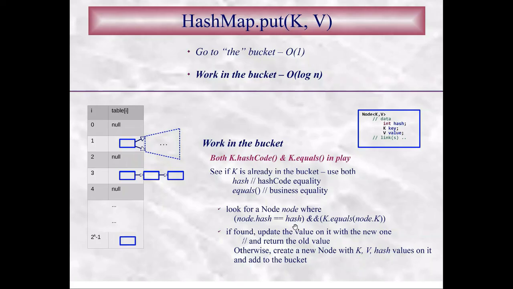If they are equal, then it makes sure that they are business equals also. So remember, we put the nodes into the buckets only by looking at their low order bits. Two nodes, even if they are of the same hash code, that doesn't mean that they'll be equals.